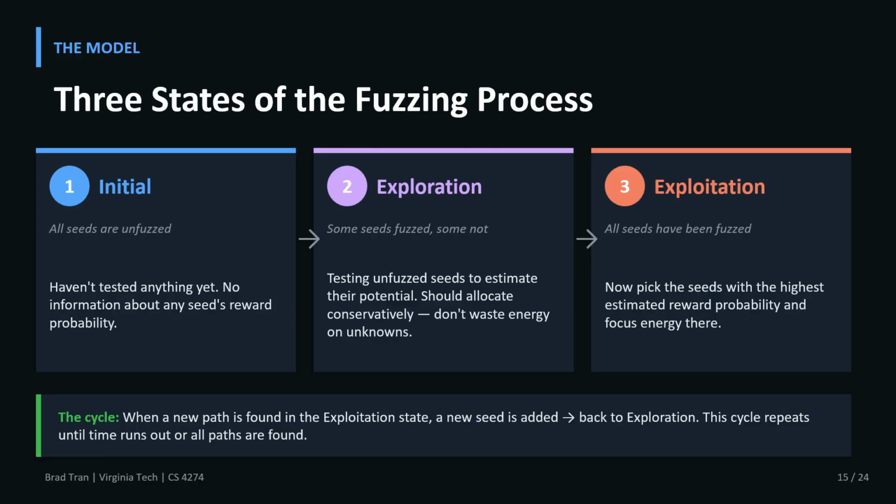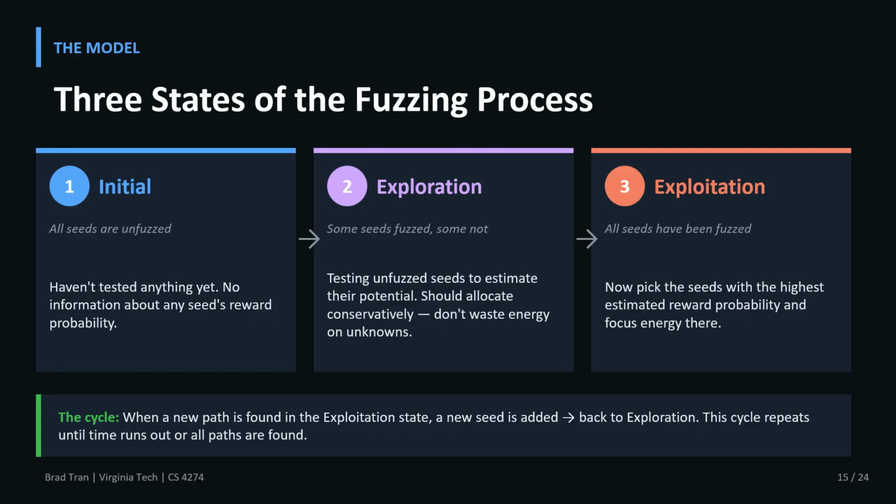The exploration state occurs when some seeds have been fuzzed and some haven't. The priority here is testing unfuzzed seeds to estimate their potential while being conservative with energy allocation, where you don't want to commit heavy resources to a seed before you have evidence that it's even productive in the first place.